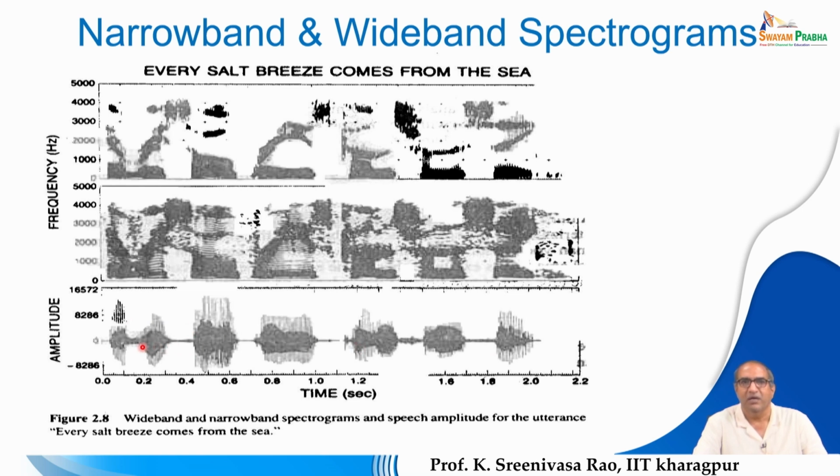So computing a frequency transform by applying the Fourier transform directly to the whole signal does not serve the purpose, because the signal is not stationary. The signal is non-stationary, meaning its characteristics change with respect to time.